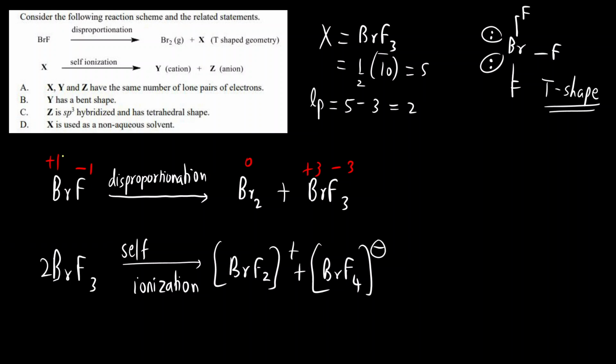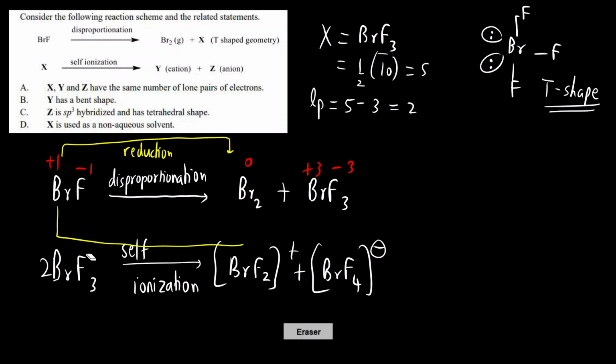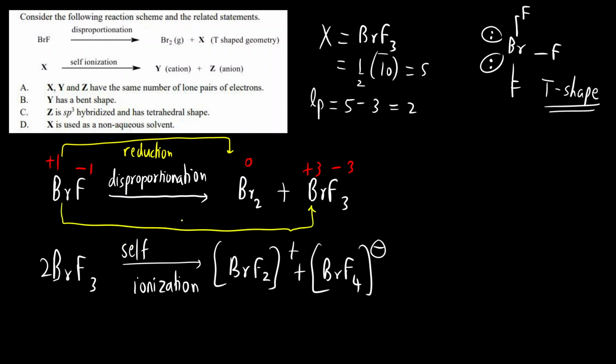Now plus 1 to 0 is a decrease in oxidation state, so this is reduction. And plus 1 to plus 3 is an increase in oxidation state, so this is oxidation. So the same element Br is undergoing reduction as well as oxidation, so it is called disproportionation.